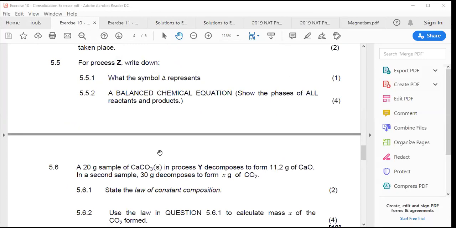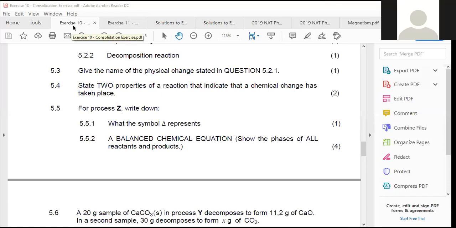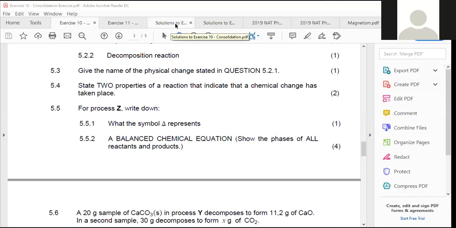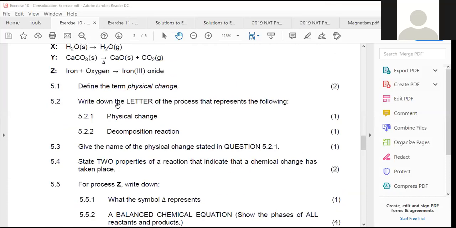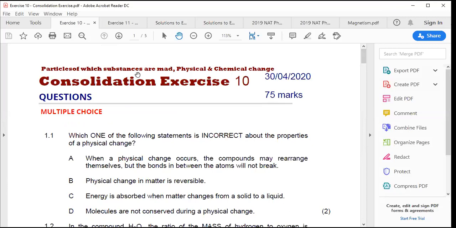Not the electromagnetic radiation one, the one for physical and chemical change. All right, we're doing this one here: particles of which substances are made, and physical and chemical change.